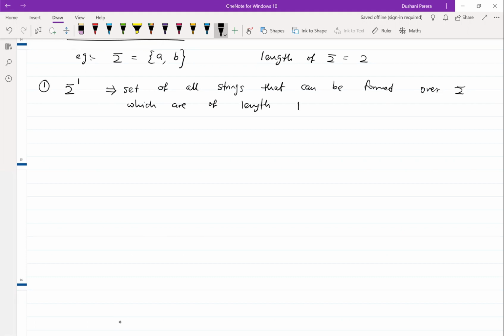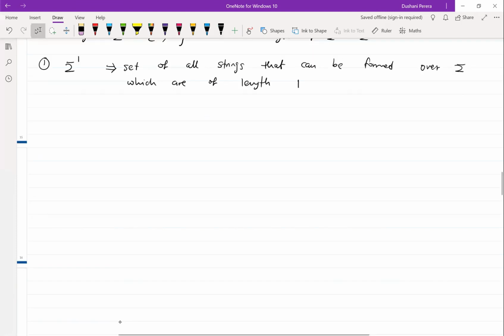Out of the set of all characters we can form over sigma of length 1. We discussed this earlier as well, so I hope you can remember. So it's either A or B.